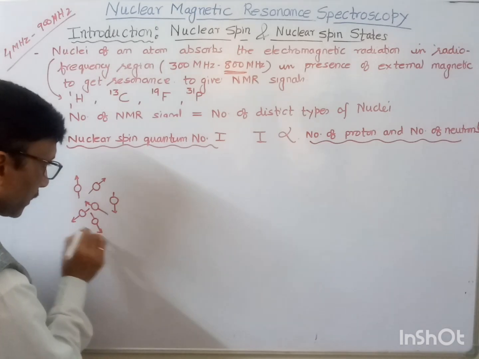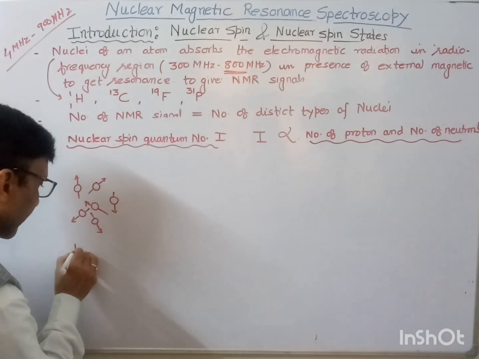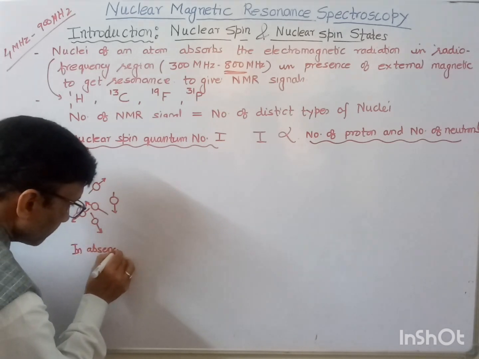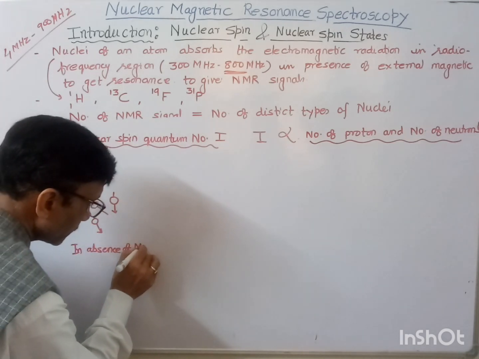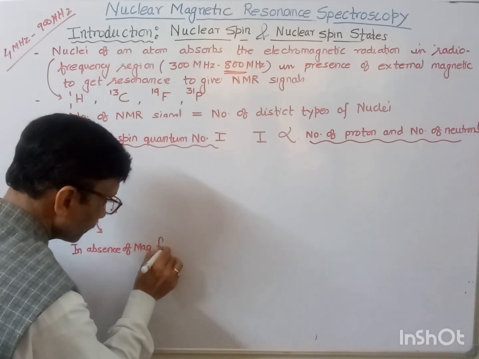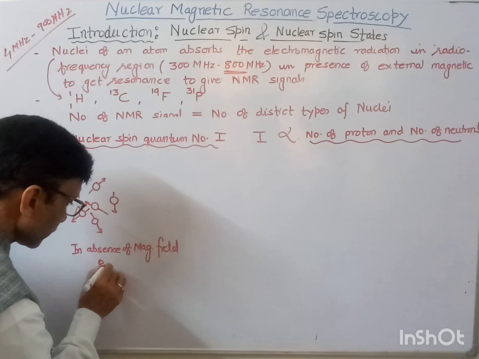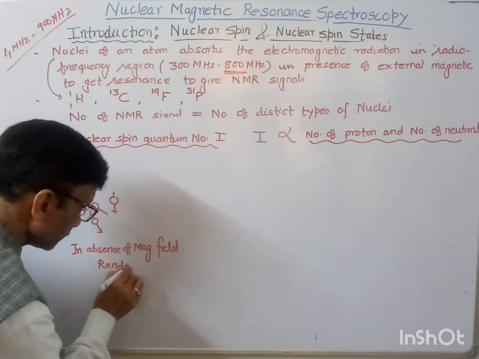So in the absence of a magnetic field, the direction is random.